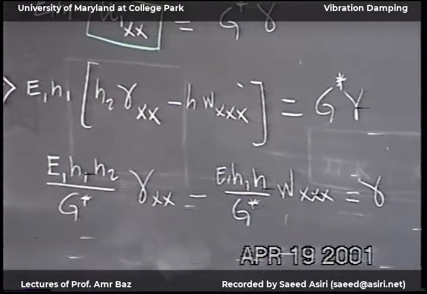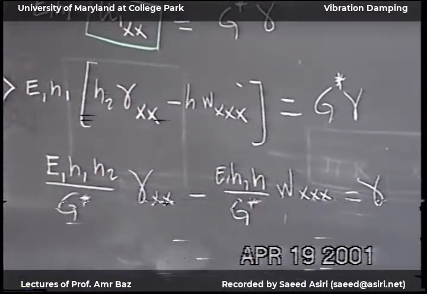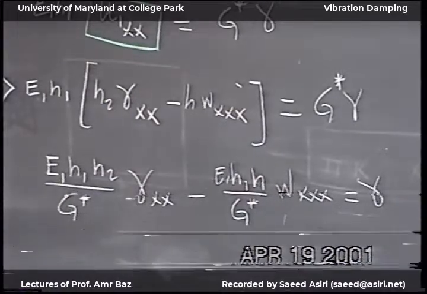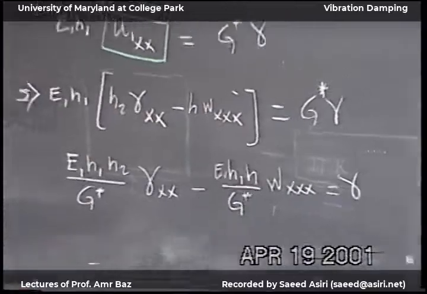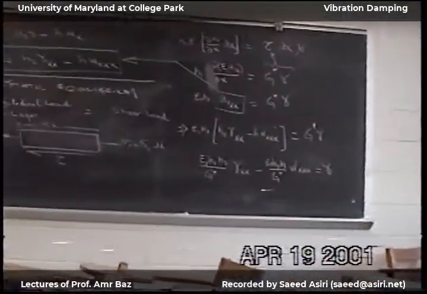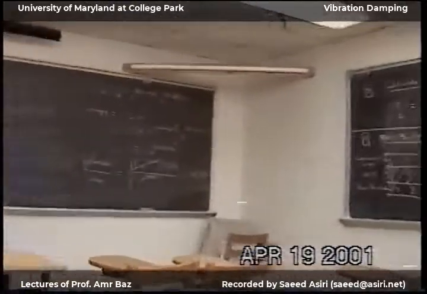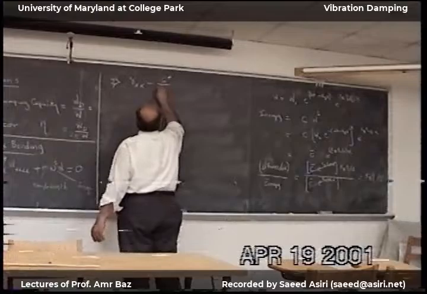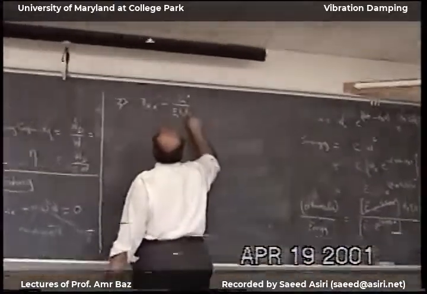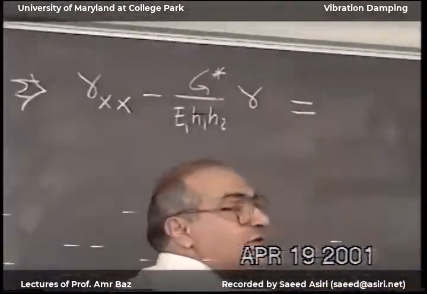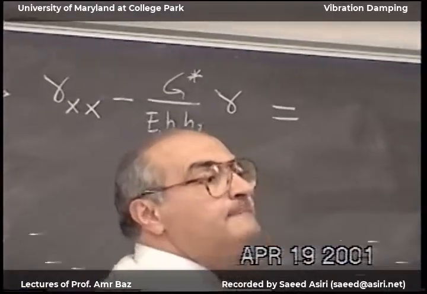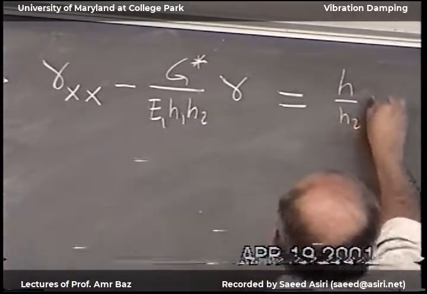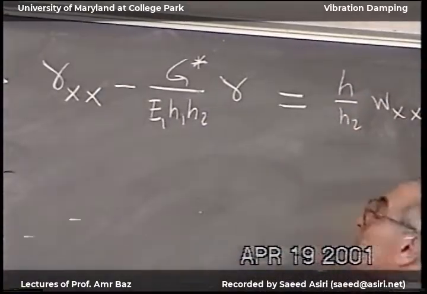We need that. So we have here, now from this I'll have gamma XX. Then bring the gamma here, so we'll have G is equal to H over H2, W1, 2, and 3.